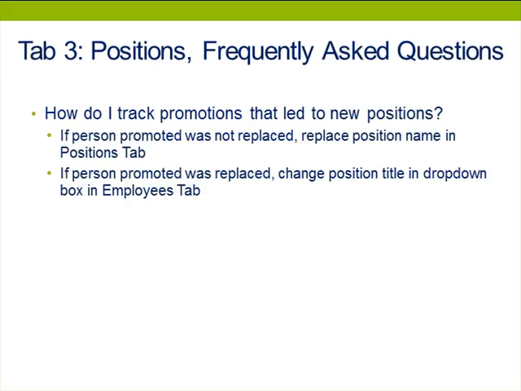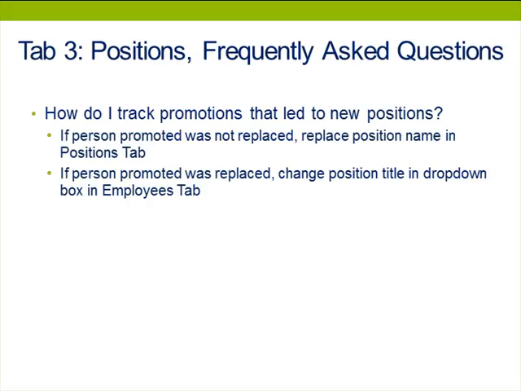But if the person being promoted is replaced, like an assistant manager who's becoming a manager, and then the business is going to hire a new assistant manager, then you will change the position title in the drop-down box in the Employees tab. So you will add the new employee into the Employees tab and select the existing position from the drop-down box.